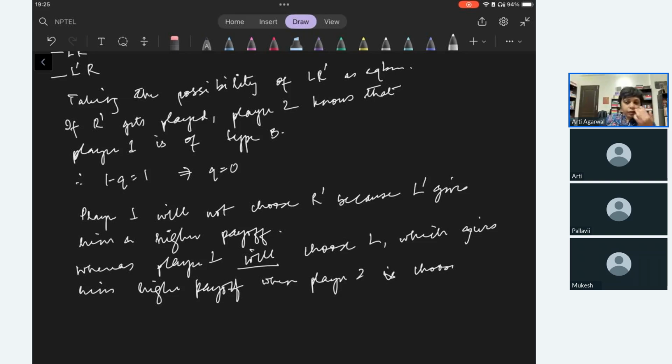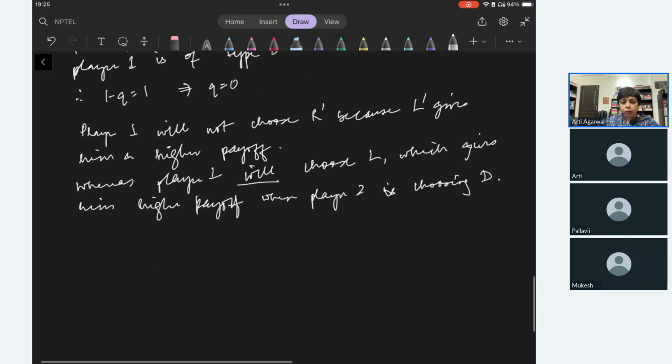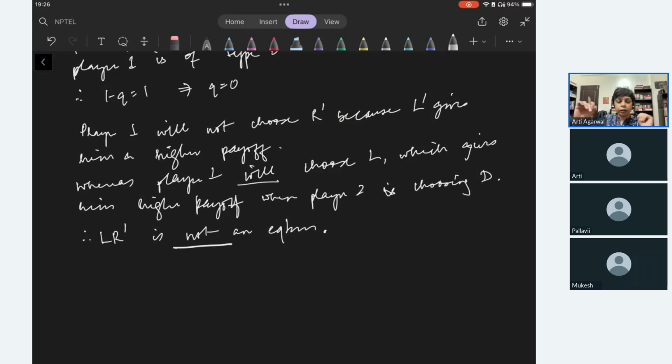All this explanation is given in great detail in the book, from which I've taken this example. If you want, you can read that for your further clarity, right? Therefore, L R prime is not an equilibrium, because even though the L part is correct, the R prime part is not actually happening in the game.